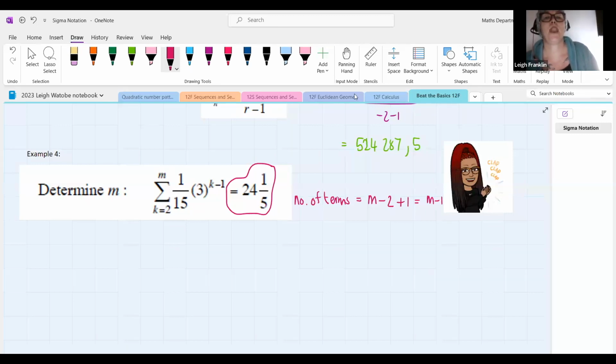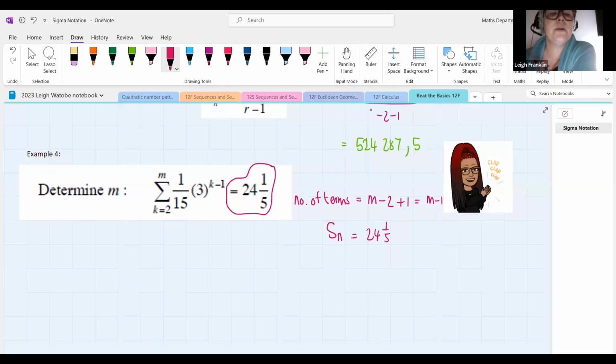The 24 and 1/5 is the sum of the series. Sigma, well done. So it represents Sn.